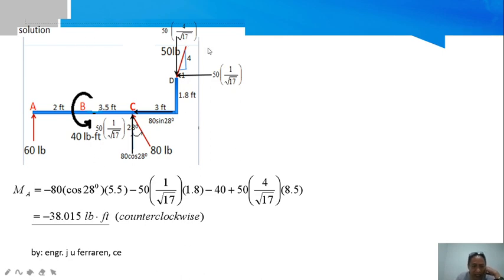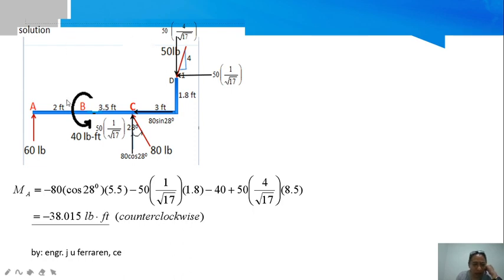So 50 times the reduced vertical component, then this distance, which is 8.5. By calculating, you arrive at a result of negative 38.015 pound-foot. It is negative, which means the rotation produced by these forces is counterclockwise with respect to A.